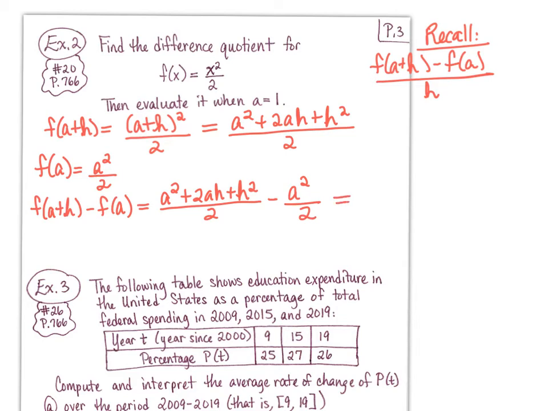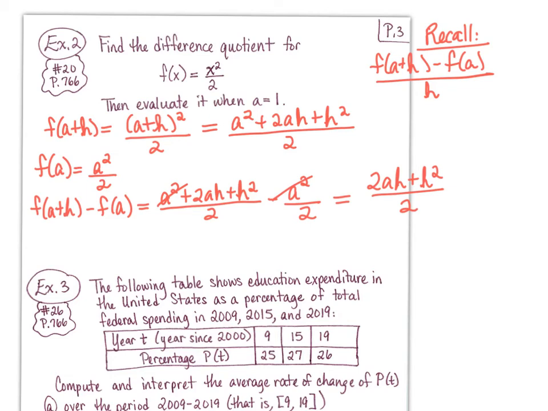Simplify. What happens to the a squareds? They cancel out, right? So we're left with 2ah plus h squared all over what? 2. You got it. Good.